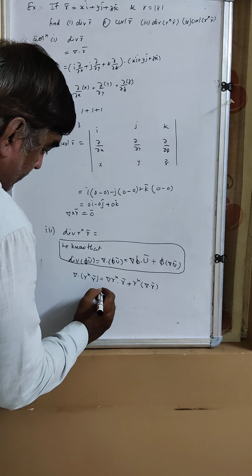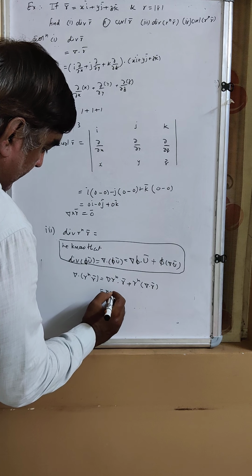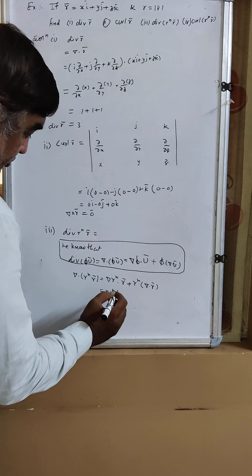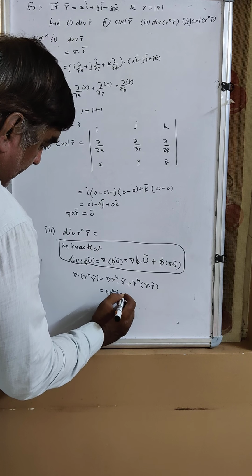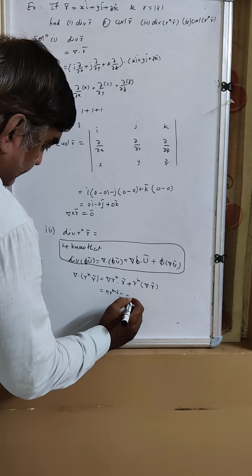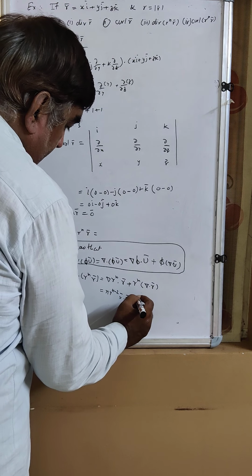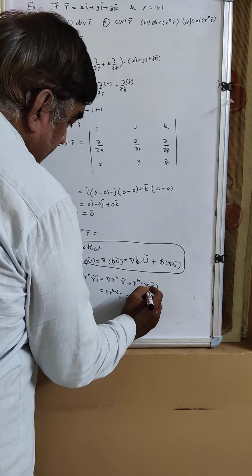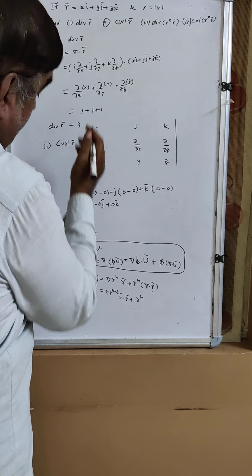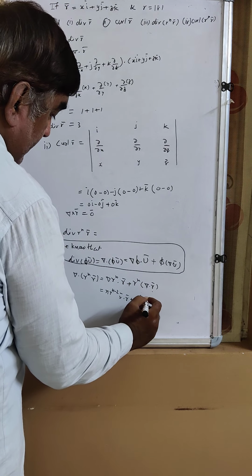This is equal to n r raised to n minus 2, here r vector dot r vector, plus r raised to n del dot r vector. By the previous result we get 3.